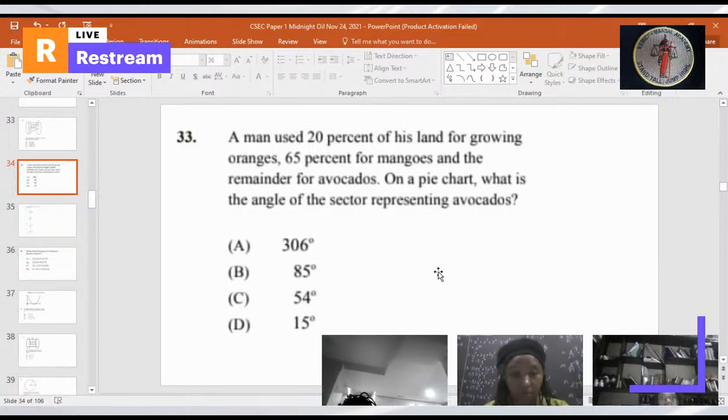So use 20% for oranges, 65 for mangoes, and then the rest is avocados. They want the angle that the sector represents for avocados. Yes, miss.